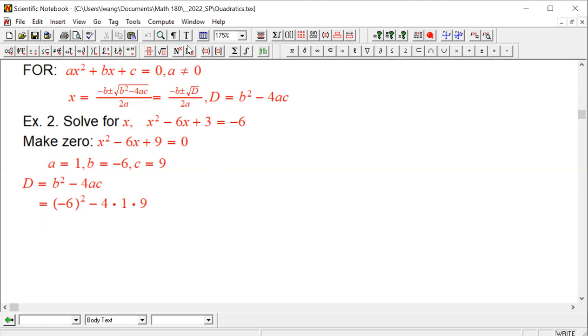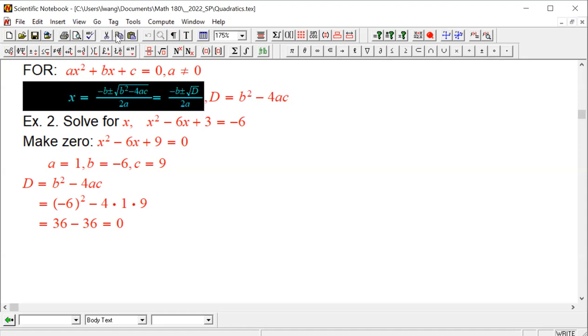Let's see what we get. -6 squared is -6 times -6. That's a positive 36. 4 times 9, that's 36 again. Oh my God, we got 0. What a pleasant surprise. That's going to make our calculation so much easier, isn't it?